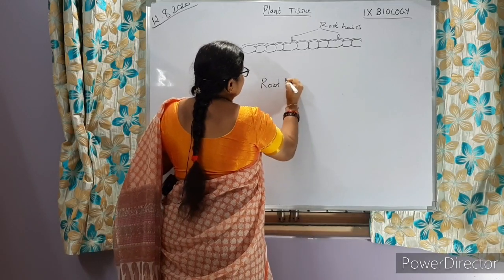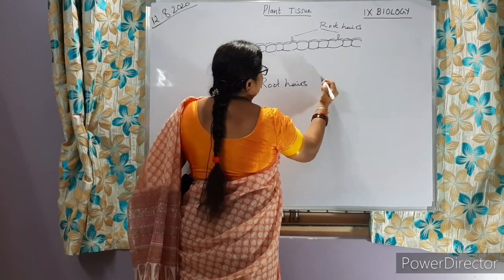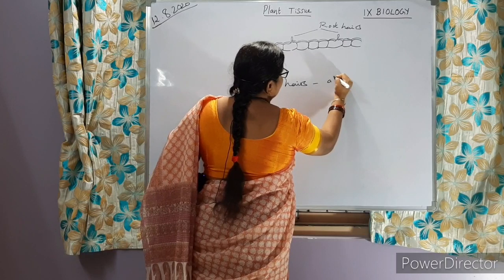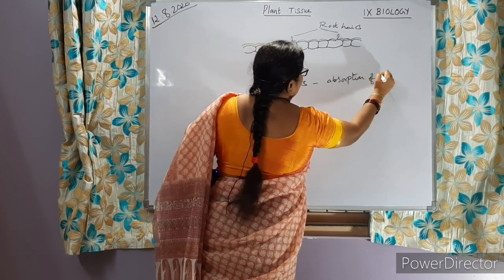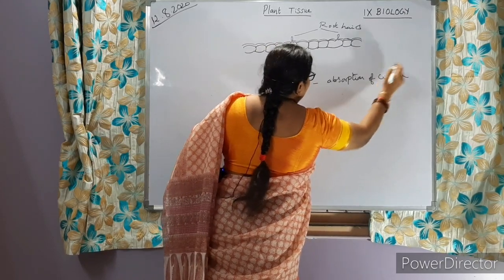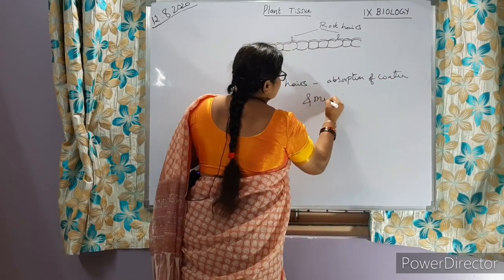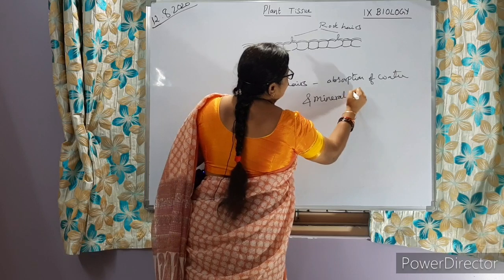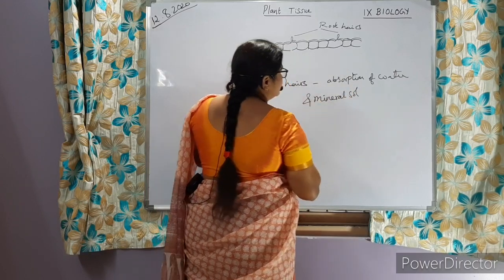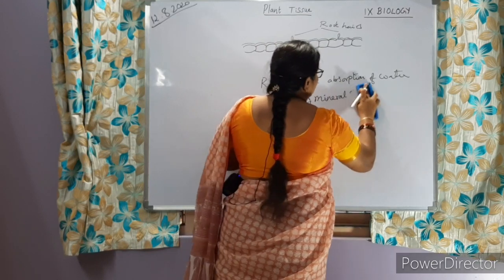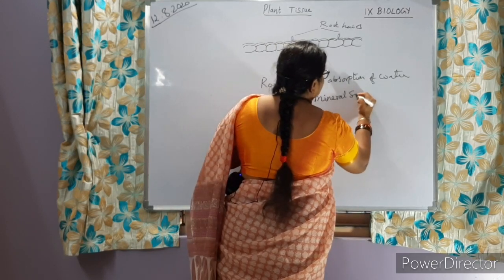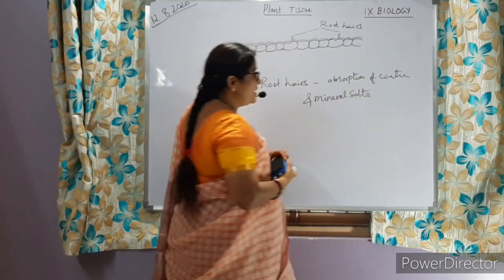Root hairs help in absorption of water and mineral salts from the soil.